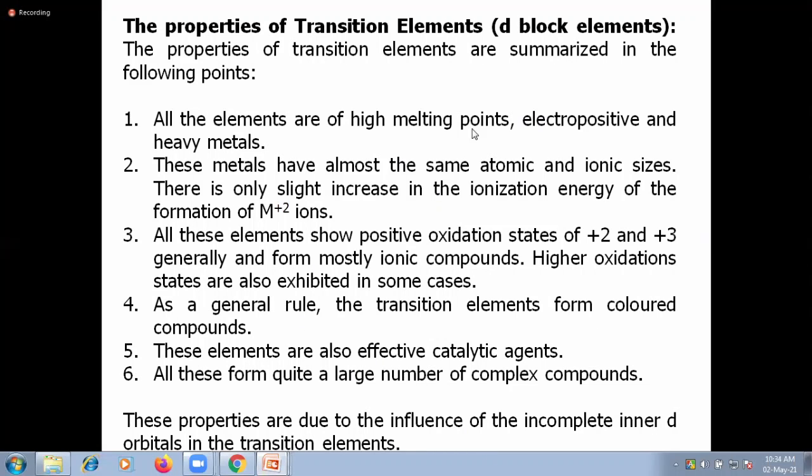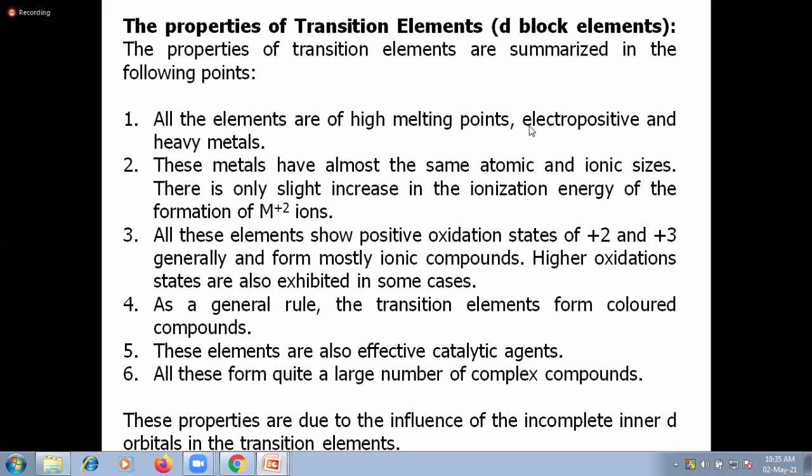So transition metals are metals, right? So metals normally have high melting points, and they are electropositive, right? What is called electropositive? Sir, the element has a high tendency of donating electrons.